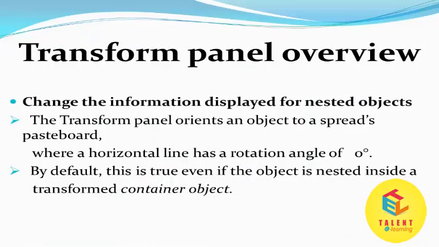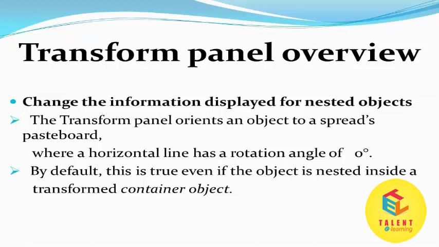Change the information display for nested objects. The Transform panel orients an object to the spread pasteboard, where a horizontal line has a rotation angle of 0 degrees. By default, this is true even if the object is nested inside a transformed container object.